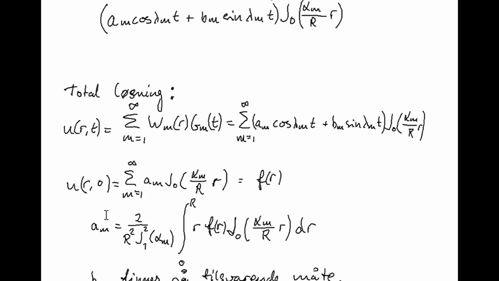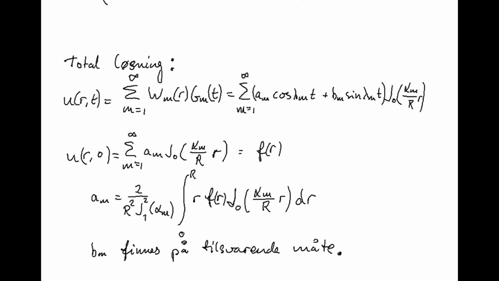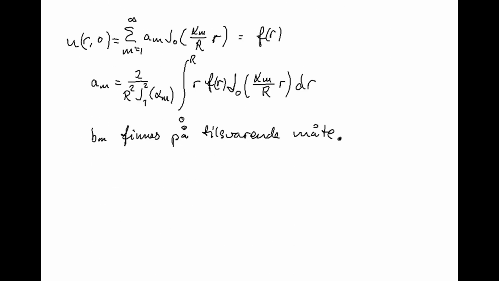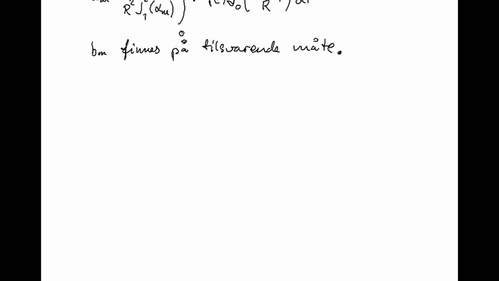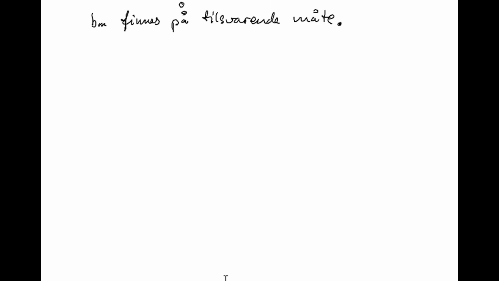And we know that alpha m is described by this formula. And these other constants bm are found in a similar way, where we take into account the initial velocity instead of the initial displacement. We are not going so much into details here, but it's really trivial to do this in the same way.